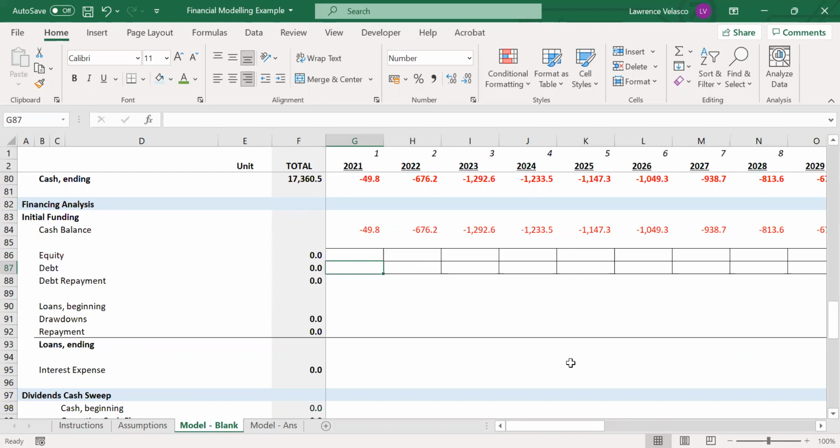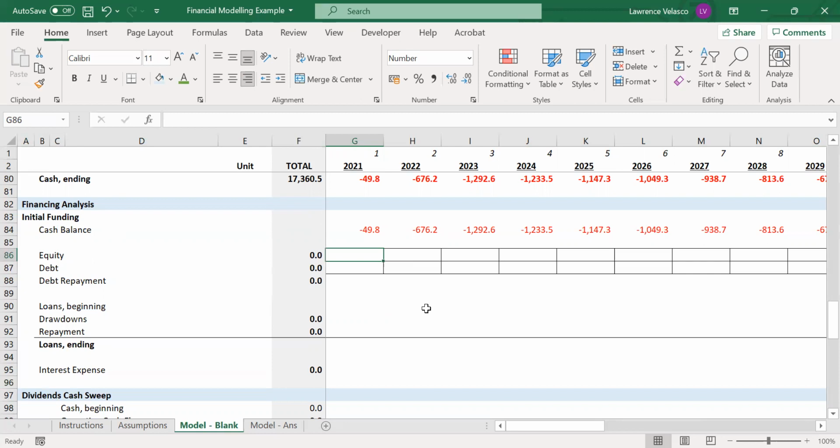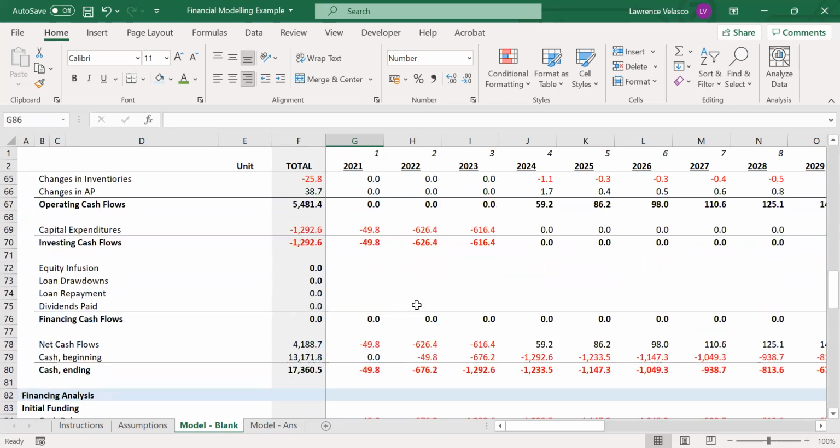However, itong mga cells na to, hindi pa to connected dun sa taas. So we need to connect it, para makita natin yung tamang cash balance. Let's connect them one by one. Equity. Let me add, so equity here, itong mga cells na to, ito yung equity for every year. So saan ito nakakonect?